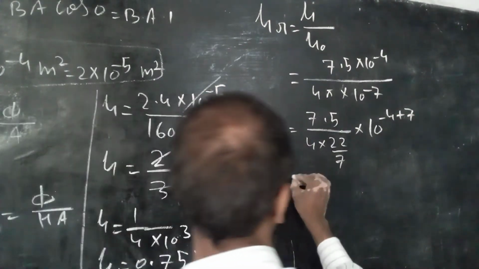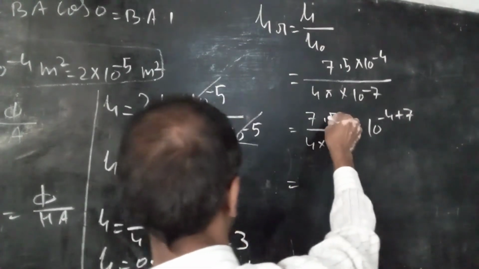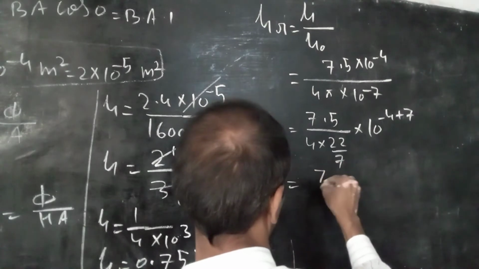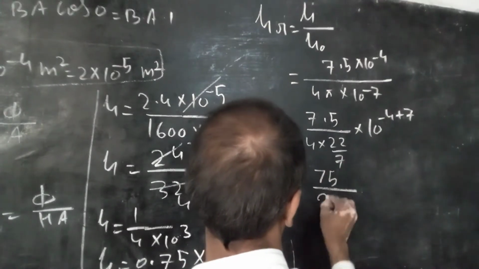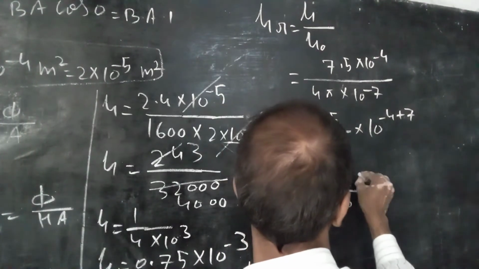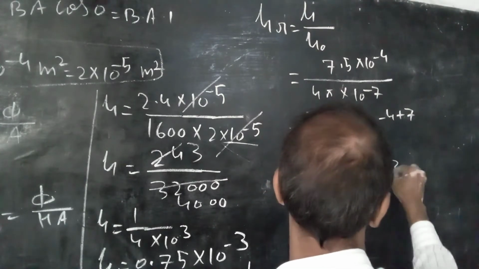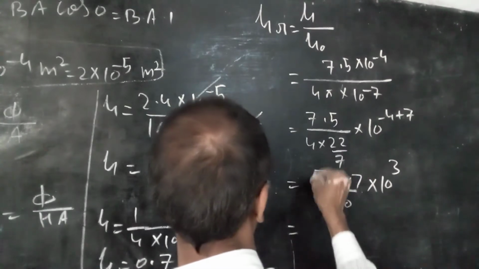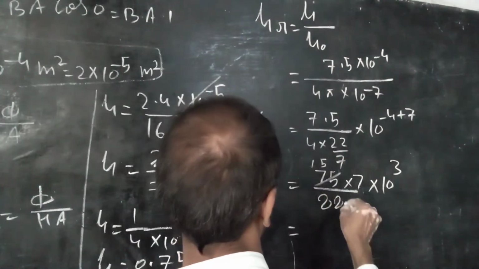Okay. So you get, remove this decimal. So to remove this, multiply numerator and denominator by 10. Then you get 88 0 into 7 into 10 raised to power 3. Okay. So this becomes 5.55.